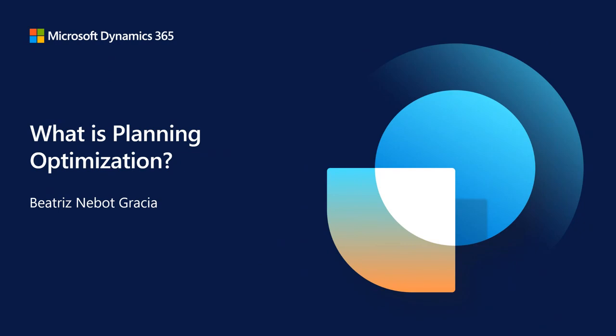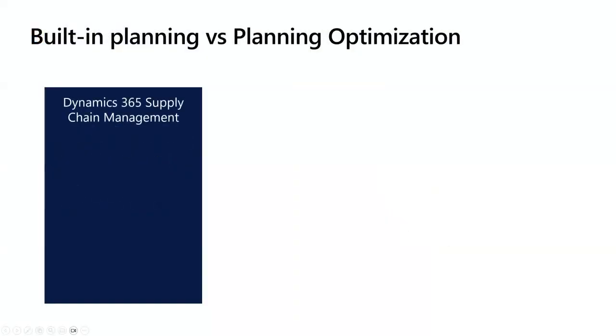Thanks, Anne. So most of you may already know what planning optimization is, but let's quickly review it. Planning optimization is the planning engine for Dynamics. When supply chain management was introduced, it had as part of it planning functionality available.